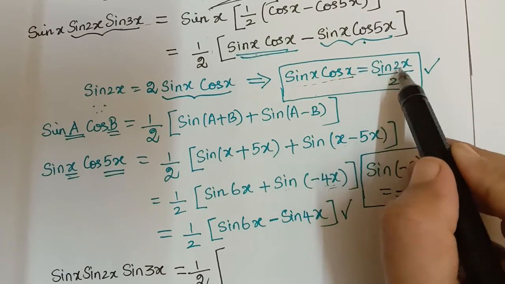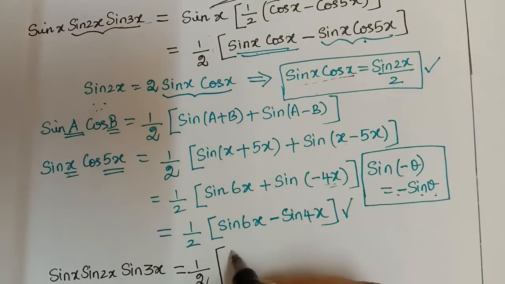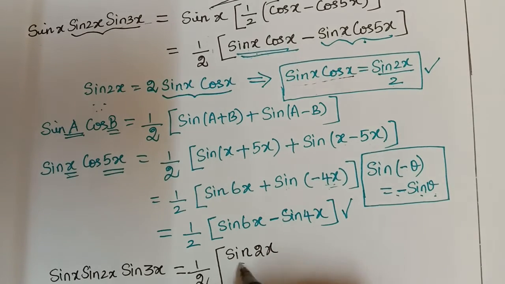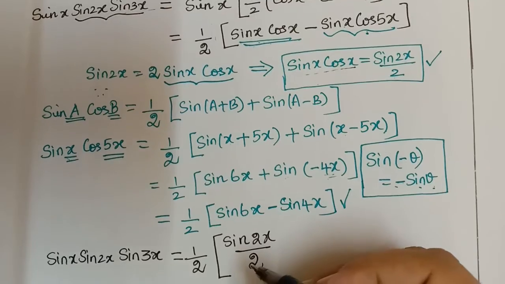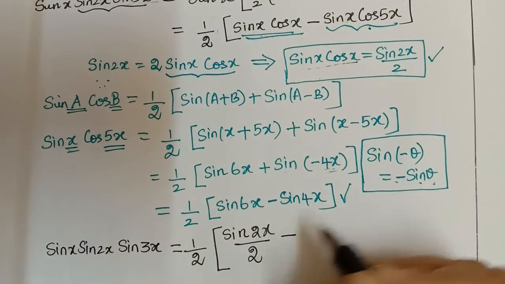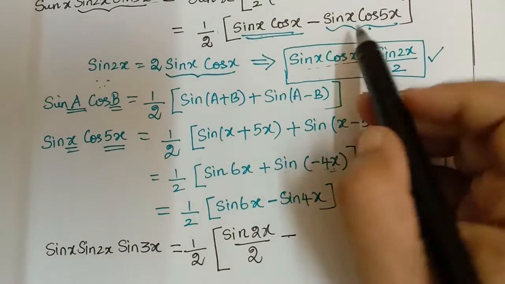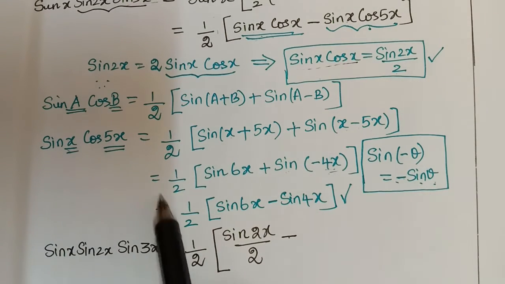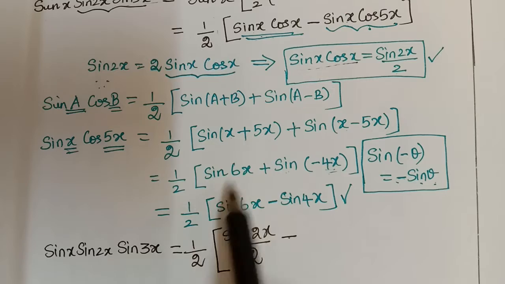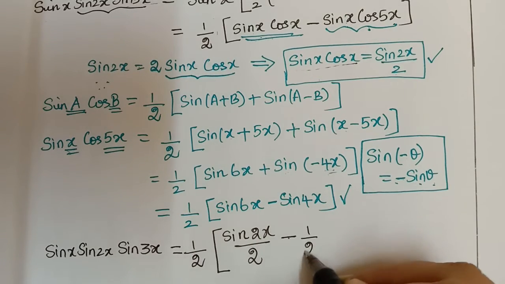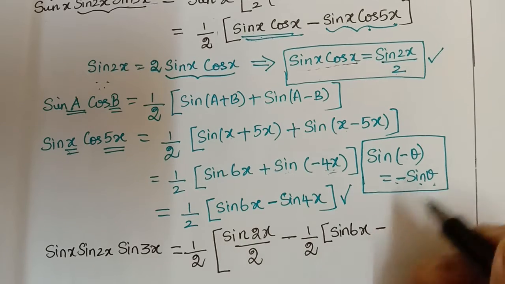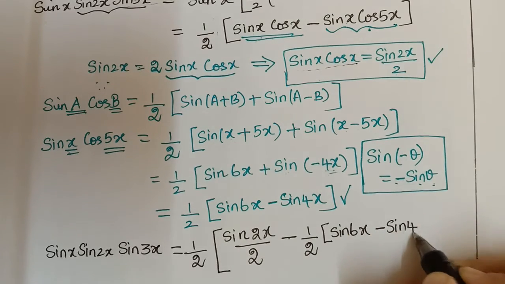It is equal to sine 2x by 2. So we will replace it by sine 2x divided by 2 and then minus, so this negative sign, and then sine x cos 5x. What is that? Sine x cos 5x is equal to this. So it is 1 by 2 of sine 6x minus sine 4x.